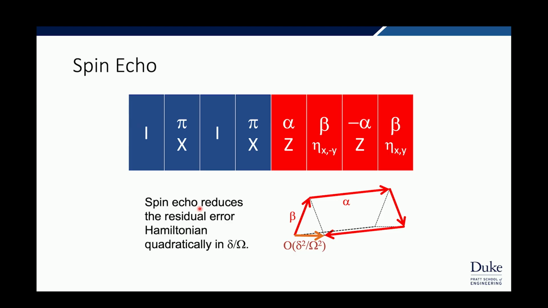Beta is on the order of delta squared. And so the residual error here ends up being delta squared over omega squared. Doesn't matter what delta is. As long as delta is smaller than omega, omega being the drive of the x gates, then this helps. And that's the beauty, right? I don't have to know delta exactly. I just have to know that it's smaller than omega.